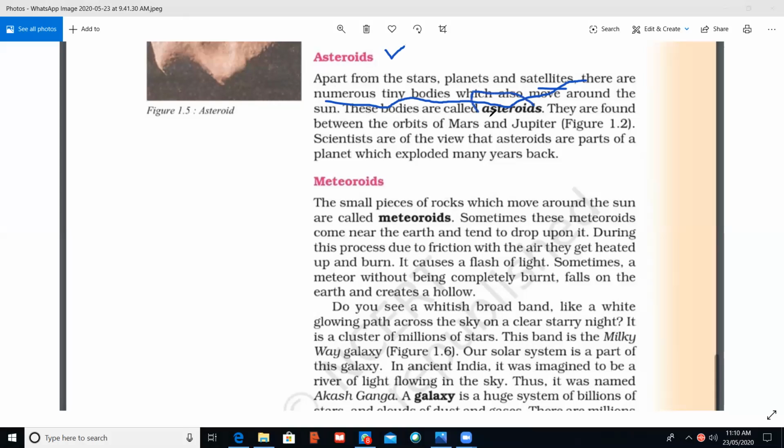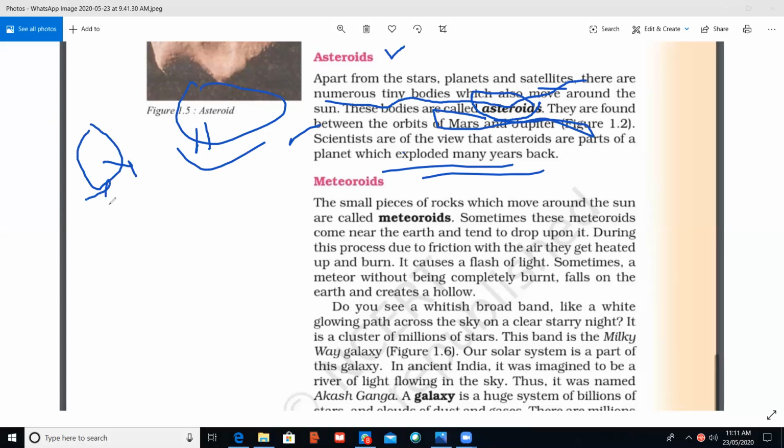These are called asteroids. They are found between the orbits of Mars and Jupiter. Scientists are of the view that asteroids are parts of a planet which exploded many years back. So, what are asteroids? The astronomers say that whenever a planet breaks into pieces, these small pieces are known as asteroids, and these asteroids revolve around the sun.